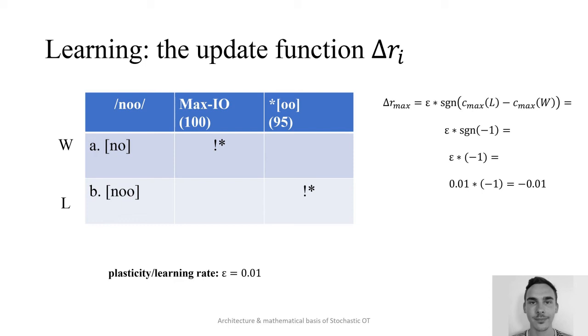Epsilon is the learning rate or plasticity that we have to decide ourselves. Typically, you would use values like 0.1 or 0.01. In this case, we will stick to the latter, and this is luckily all we need to update the ranking value of the constraint max.io. The update value is added to the previous value, 100, and 100 minus 0.01 equals 99.99.